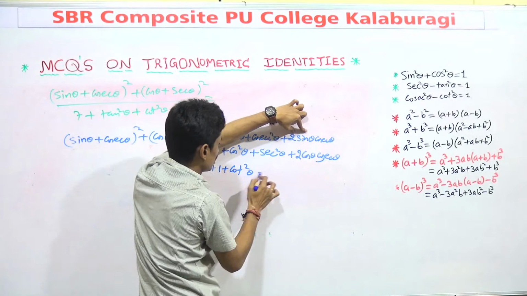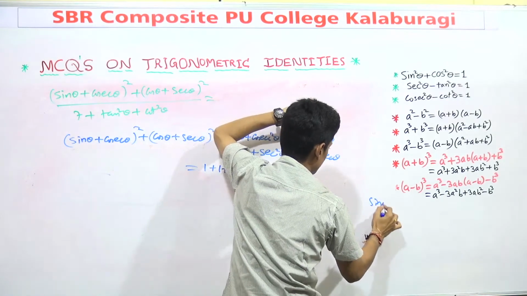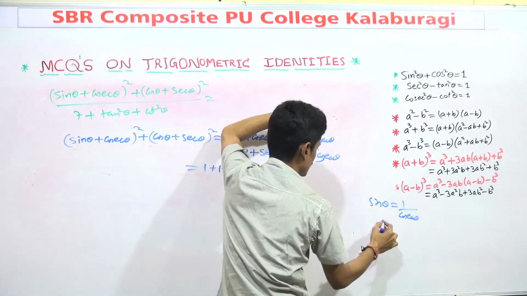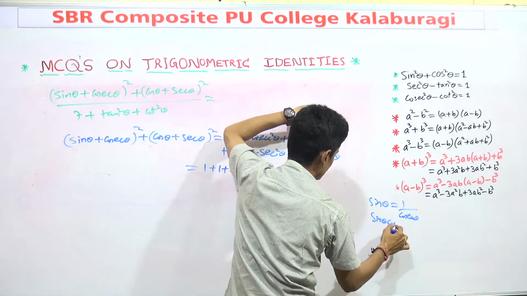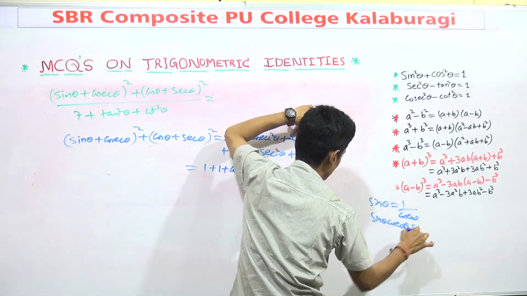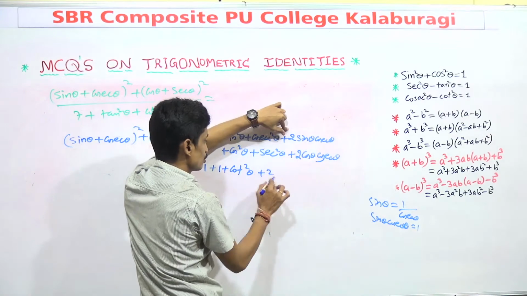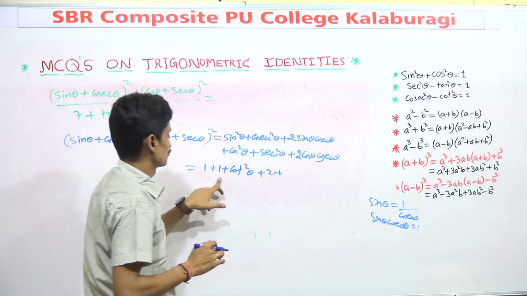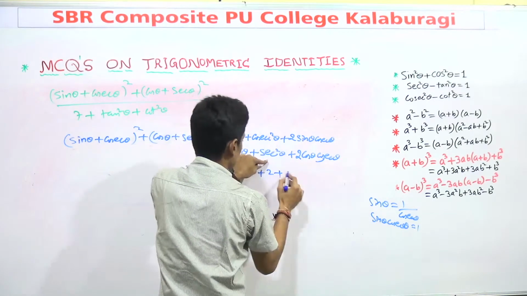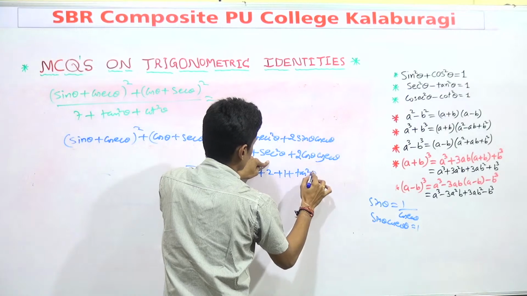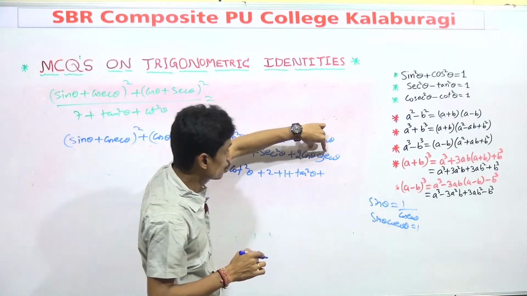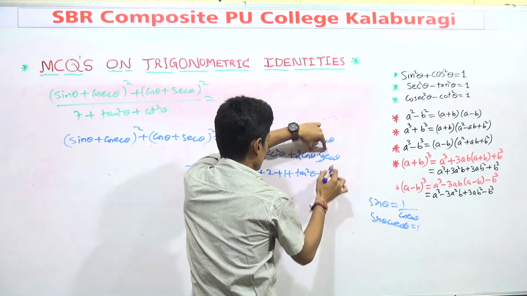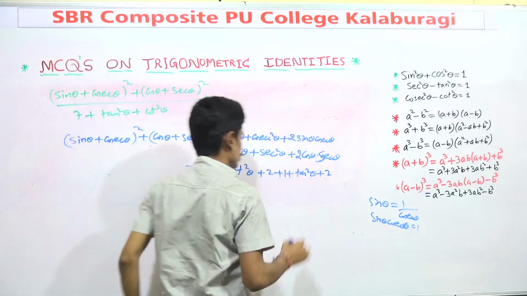And sin theta into cosecant theta will be 1, because sin theta equals 1 by cosecant theta, so 2 into 1 is 2. Cos square theta I already combined with sin square, that will be 1, and secant square in terms of tan will be 1 plus tan square theta, and also 2 times cos theta into secant theta, which will be 1, so remains 2.